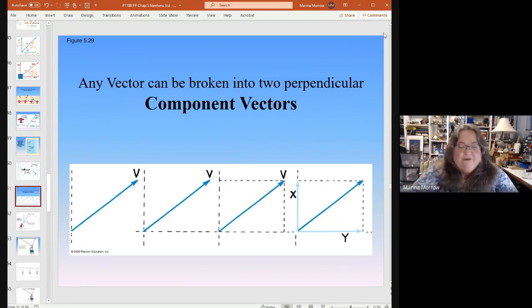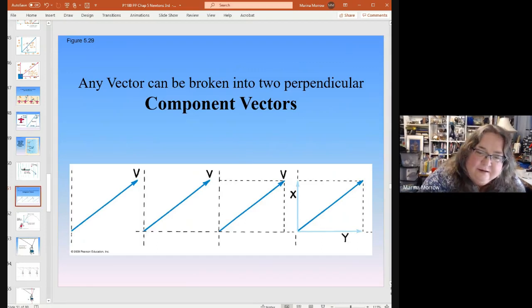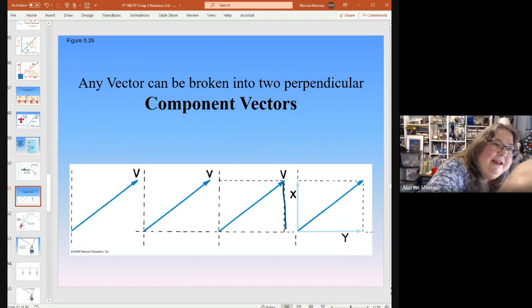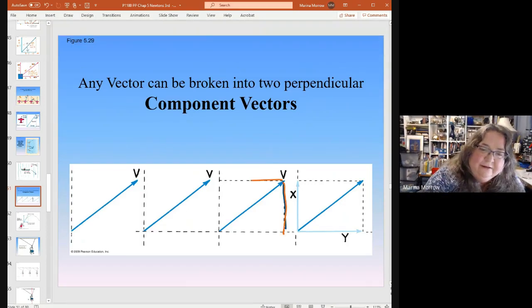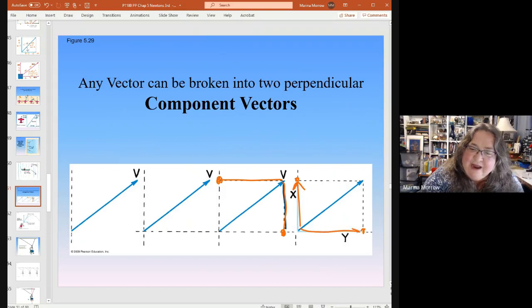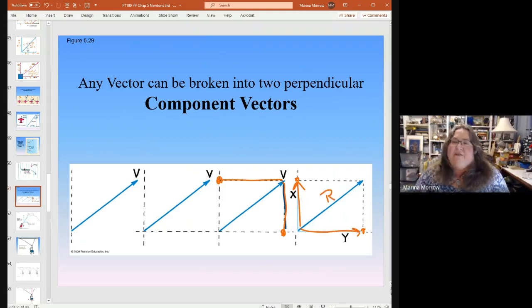So we're basically completing the parallelogram. Let me grab a different color. Completing the parallelogram. And then what we're doing is saying that those values are our new vectors. So we have 2 vectors that we could have used to create this as the resultant, right? So those values are our x and our y components.